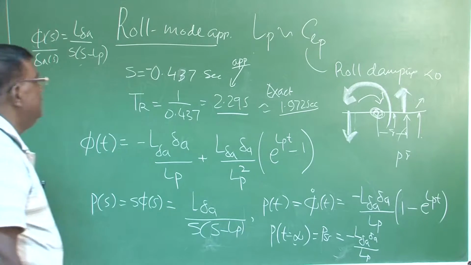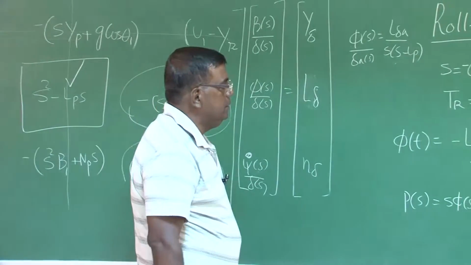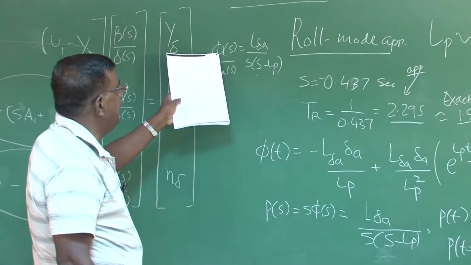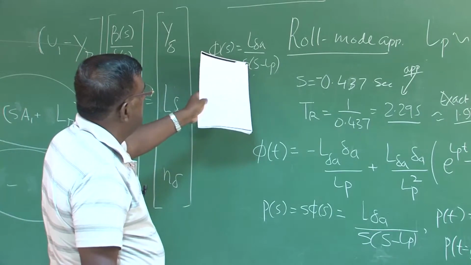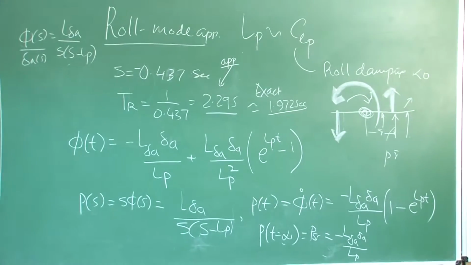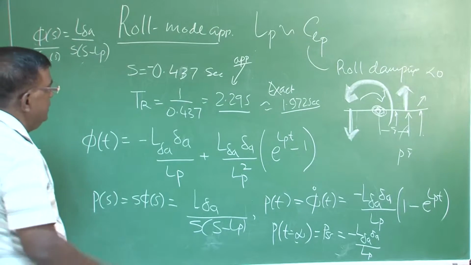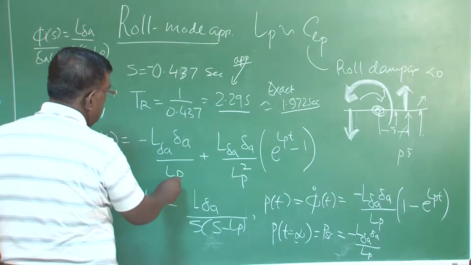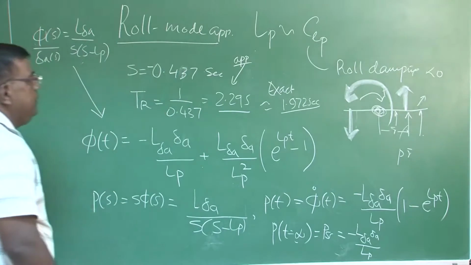Now the question is, if I want to know how this bank angle is developing, then this is my transfer function, phi of s by delta of s. I can always find out the time history by using the partial fraction method, and you will find that from here I can write phi of t equal to minus L_delta into delta by L_p plus L_delta into delta by L_p squared, e to the power L_p t minus 1.